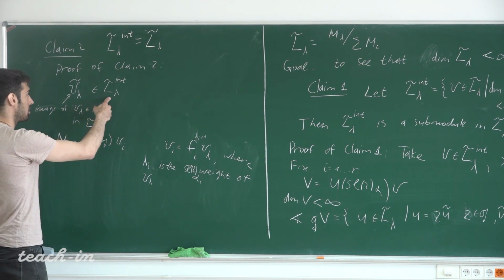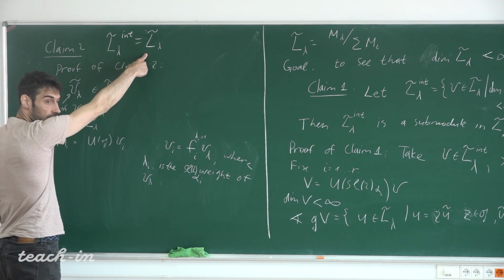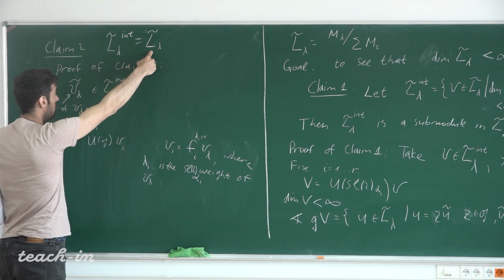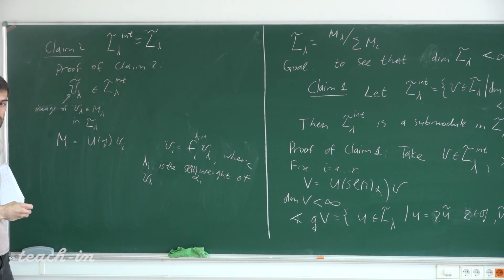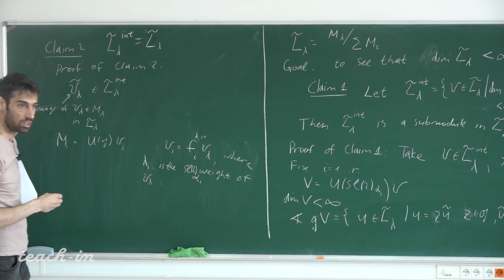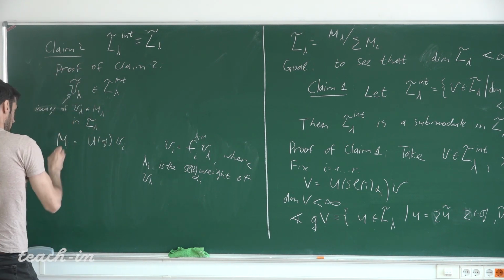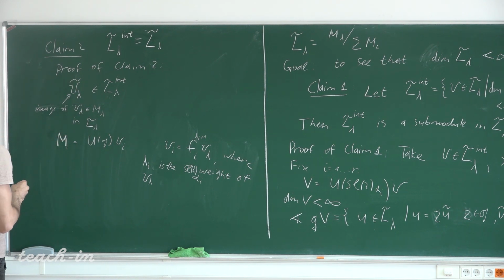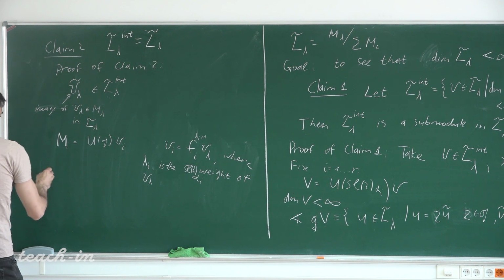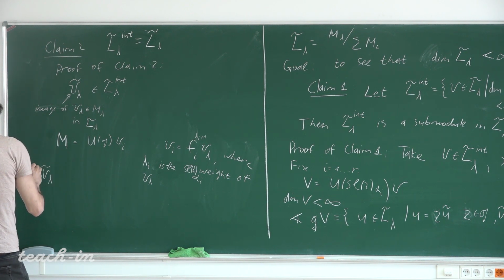But L lambda integrable is a submodule in here. And this one actually is generated by v lambda. Okay? So we take v lambda tilde and take U of g.